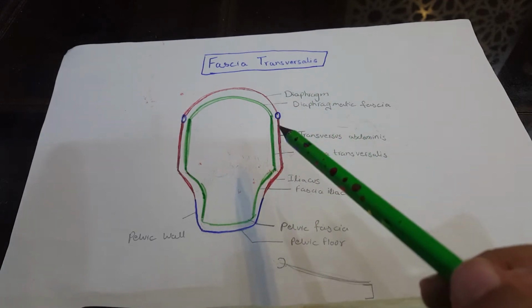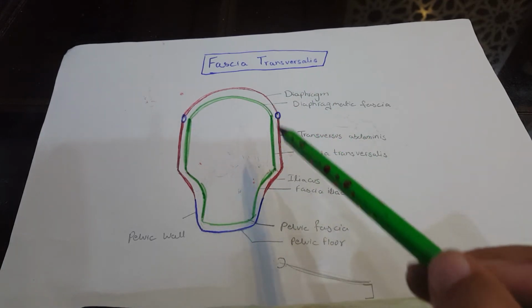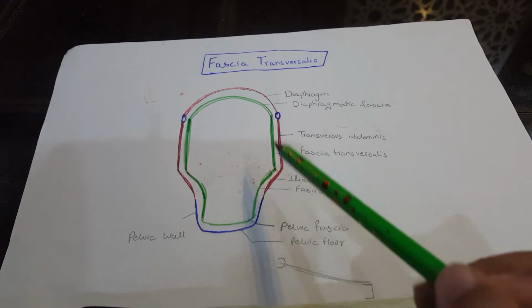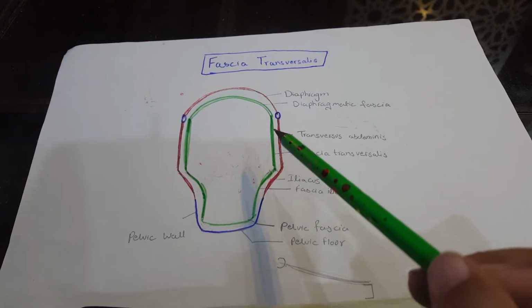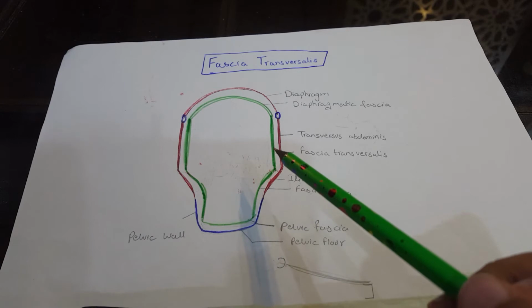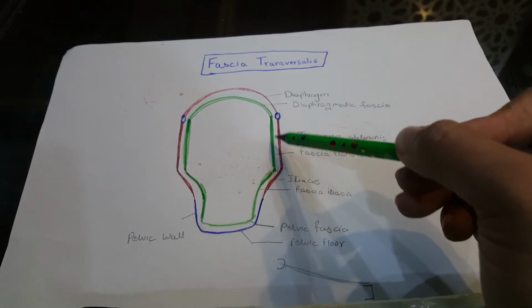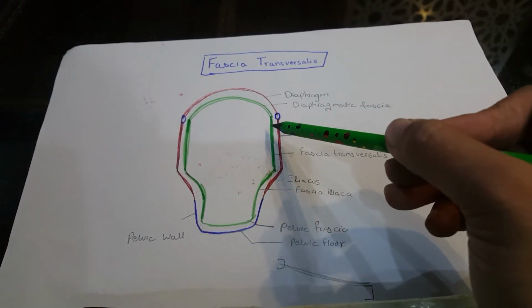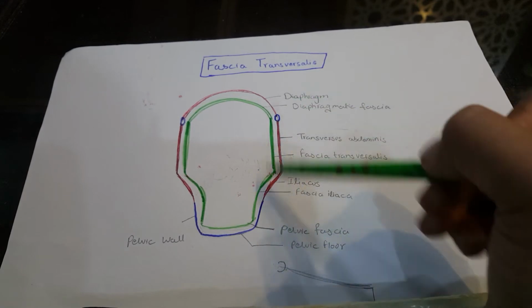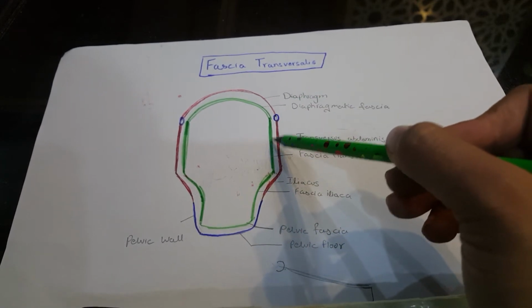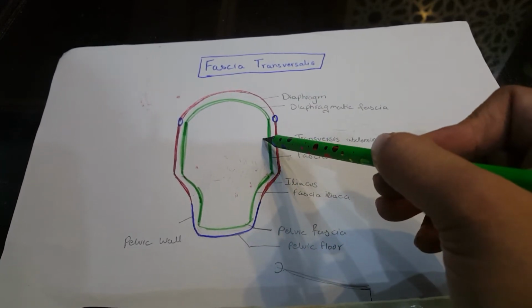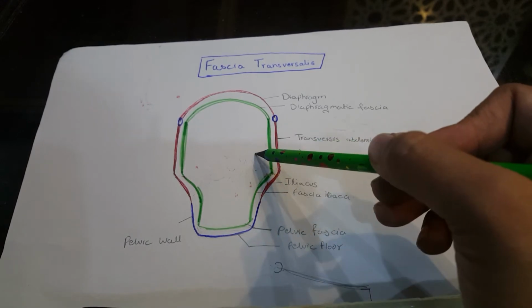So between the muscles and parietal peritoneum, fascia transversalis is present. Anterior to the fascia transversalis, linea alba is present, and posterior to the fascia transversalis, thoracolumbar fascia is present.